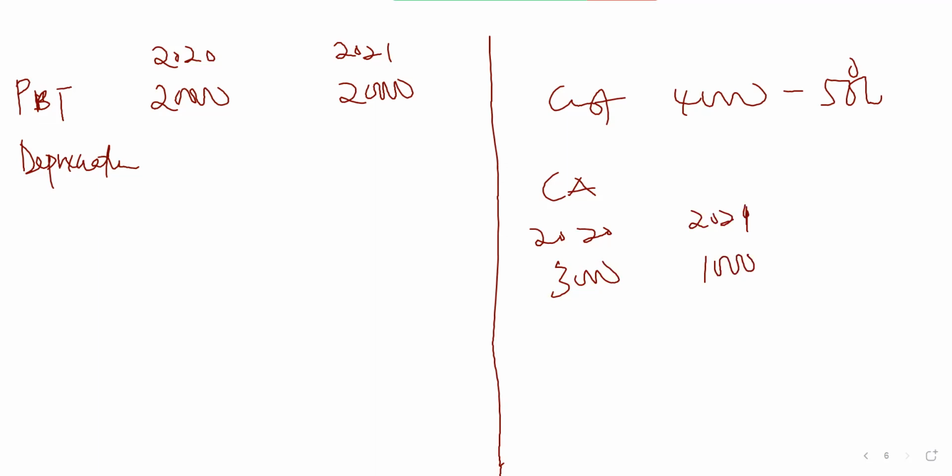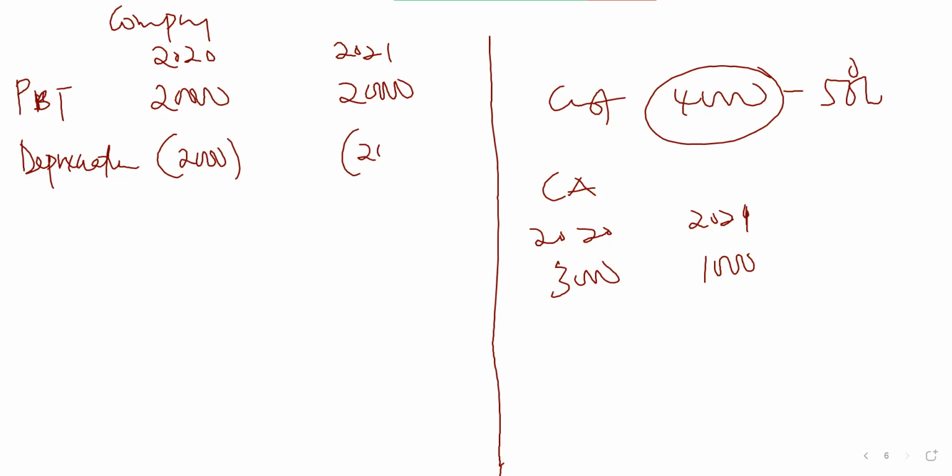The assumption is that the total value of the asset is 4,000 and the company is using it for 2 years. So every year the company will charge 2,000.